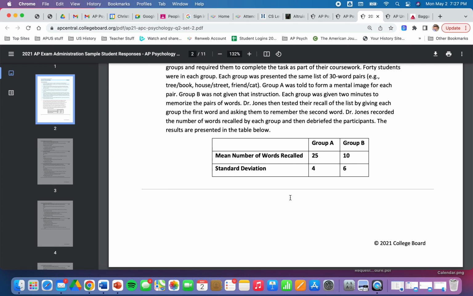The scores are considered right here, versus the other one that has a standard deviation of 6, so 6, 6, 12, 12, okay? Do you guys now see how much more spread out the scores are versus this one right here?